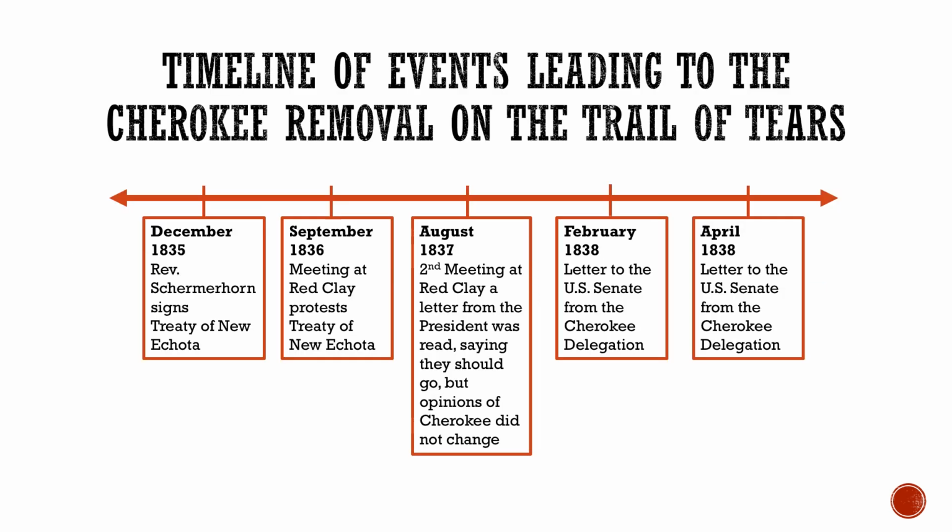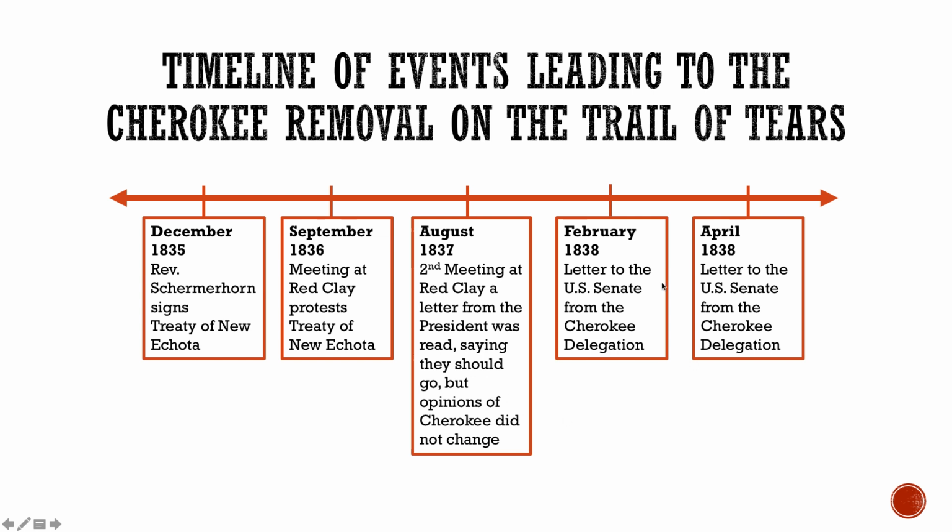All right, so something I want to make sure that we're doing is keeping track of the timeline of these events that led up to the Cherokee removal along the Trail of Tears. So we have this moment, 1835, when the new Treaty of New Echota is signed, and then there were two meetings, one in 1836 and one in 1837, where the Cherokees protested this treaty. In the second one, a letter from the president of the United States was read, basically saying that they should go along with this treaty, but the Cherokee did not agree.